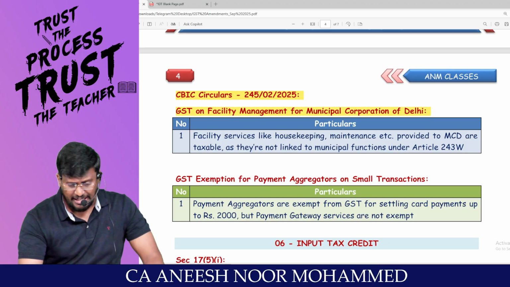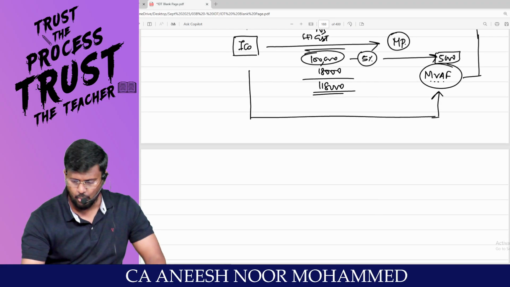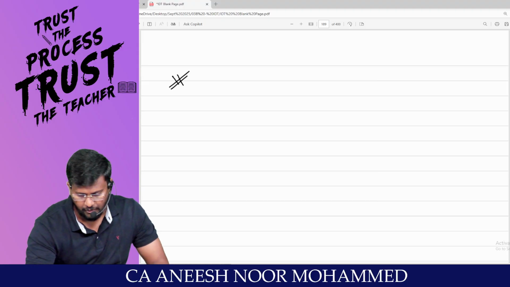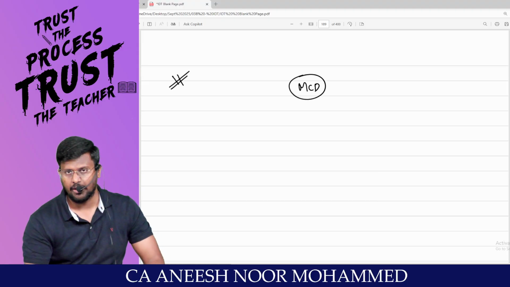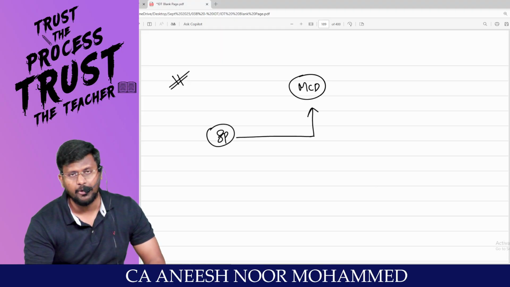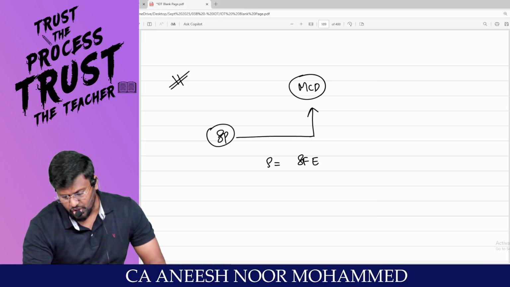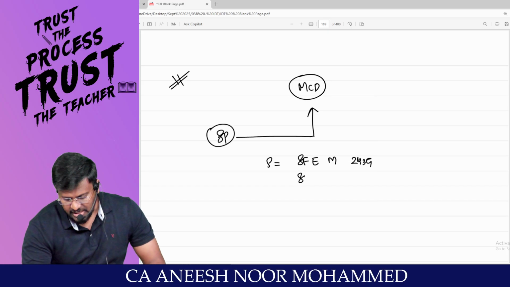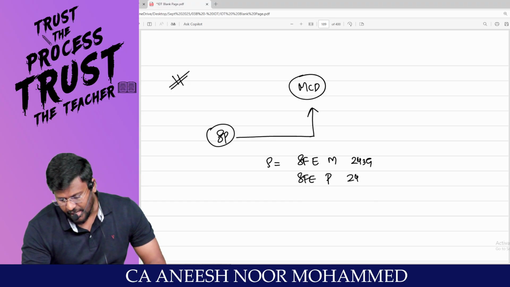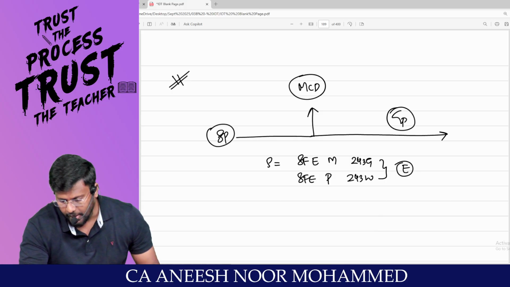GST on facility management for the Municipal Corporation of Delhi. Simple, there was one issue going on with regard to the Municipal Corporation of Delhi. For example, if there is a service provider providing service to the municipal corporation, and the service is a statutory function entrusted to a municipality under Article 243W or to a panchayat under 243G, then it will be exempt from GST, because the municipal people are going to provide the statutory function to the general public.